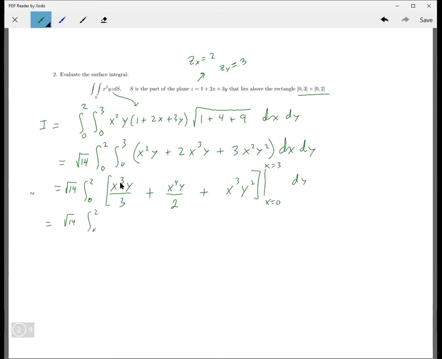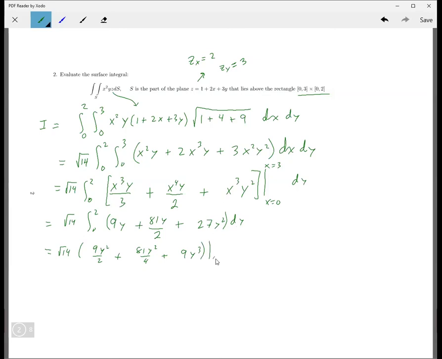Okay, so if you put a 3 in here, you're going to get 27 divided by 3, that's going to be 9. 9y. This is going to give you, whoa, that's 81. 81y over 2. Dang. And this is going to give you 27y squared. And so I'm just going to go ahead and integrate that one. And that's 9y squared over 2 plus 81y squared over 4 plus 9y cubed.